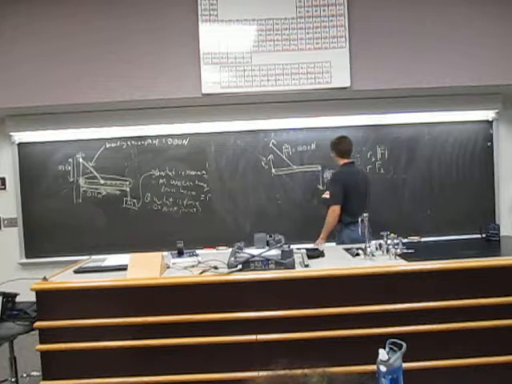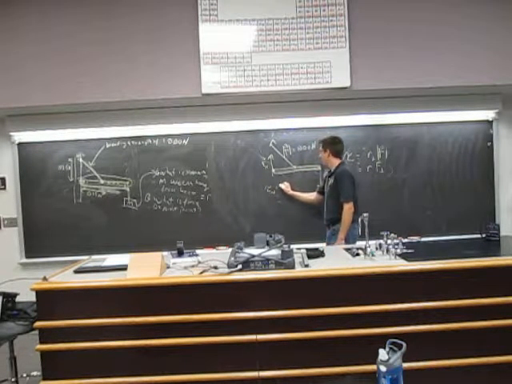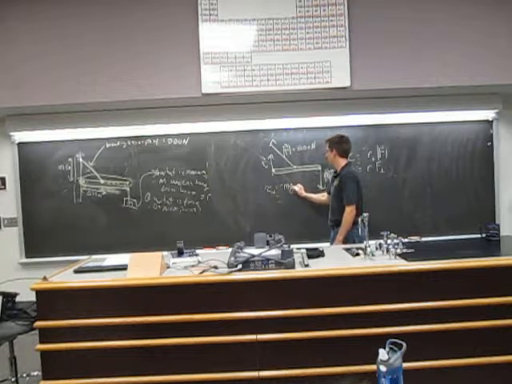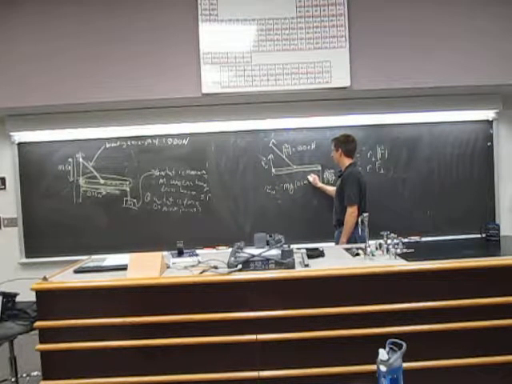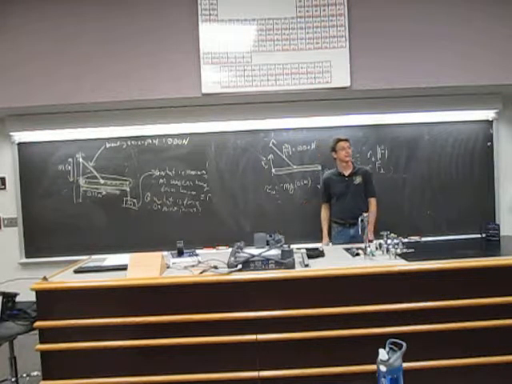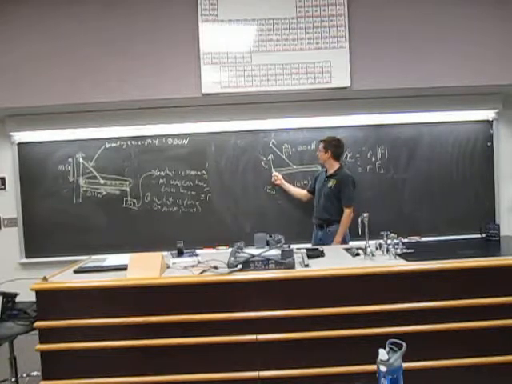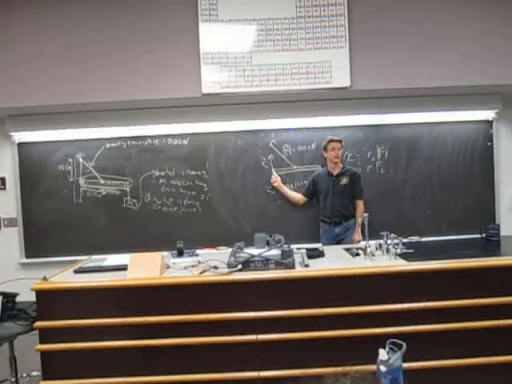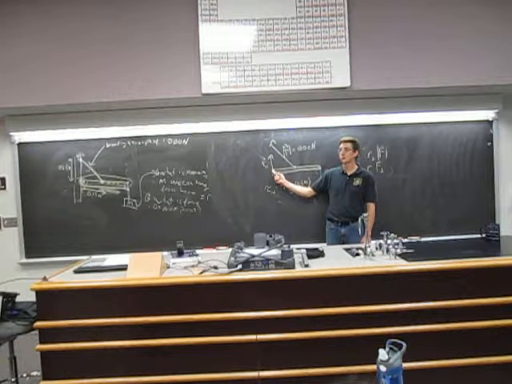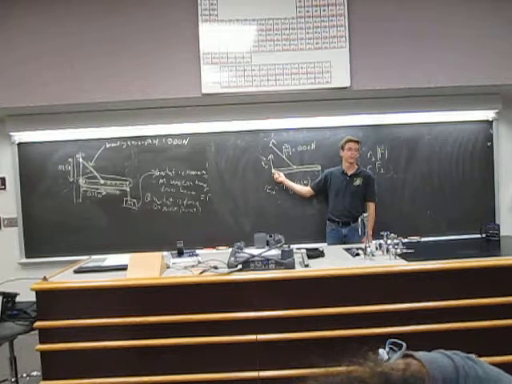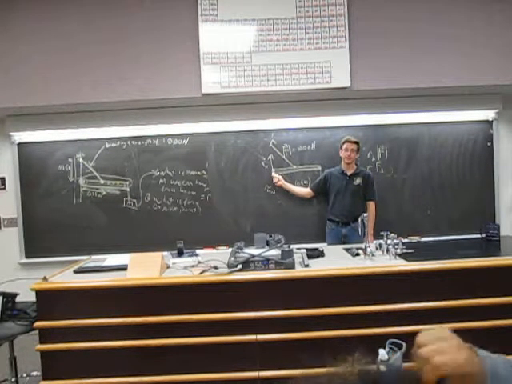So torque due to the weight is negative mg times 0.5 meters. Is there any torque due to the force at the hinge? No, because that's a pivot point, so R perpendicular is 0. No torque due to this force.